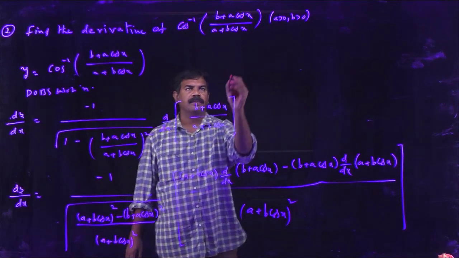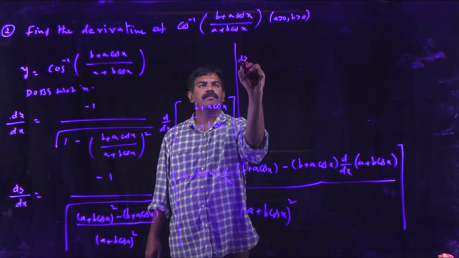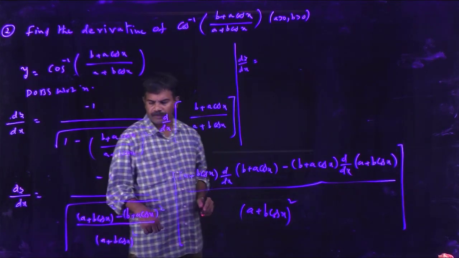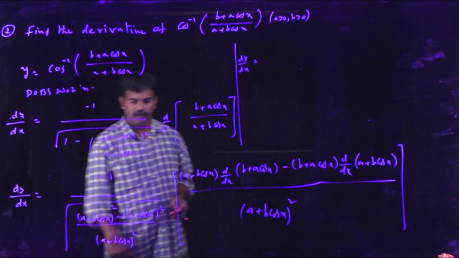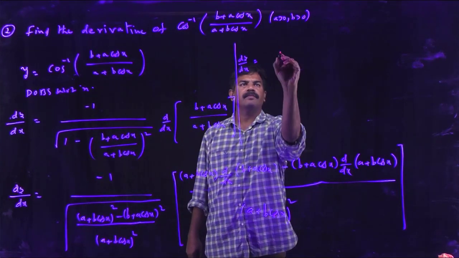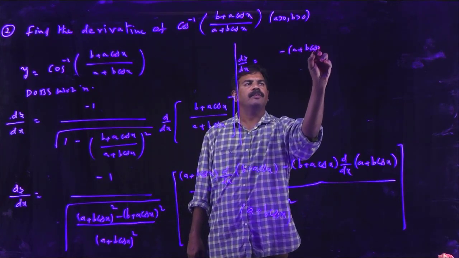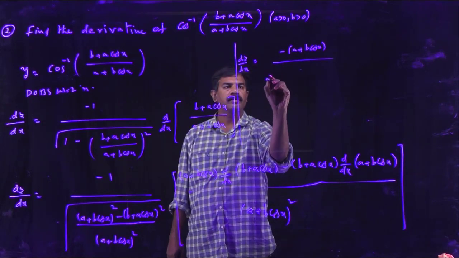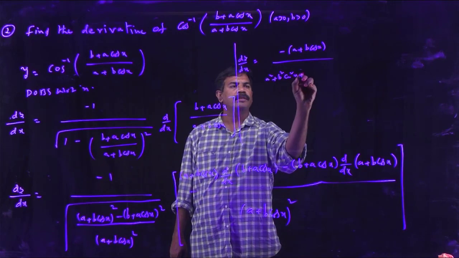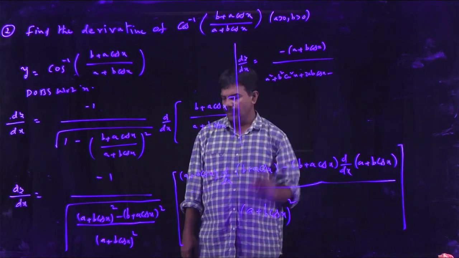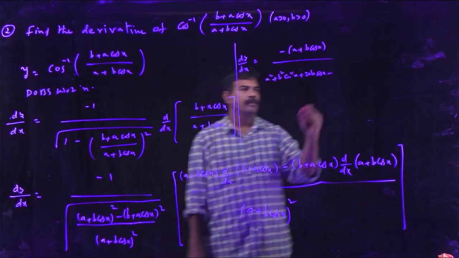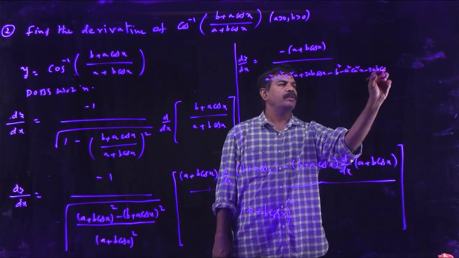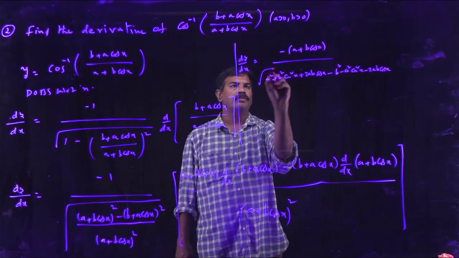Next step, that is dy by dx is equal to, this comes outside from the root, we get (a plus b cos x), it goes to the numerator, that is minus of (a plus b cos x) by a square plus b square cos square x plus 2ab cos x minus, it is also a plus b whole square, b square minus a square cos square x minus 2ab cos x under root.